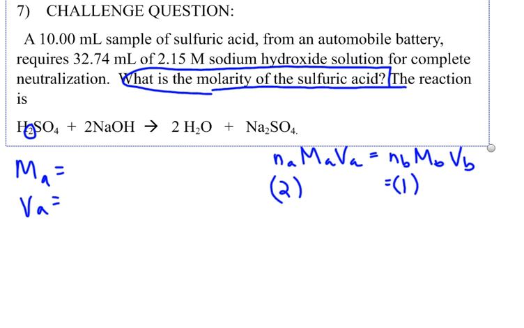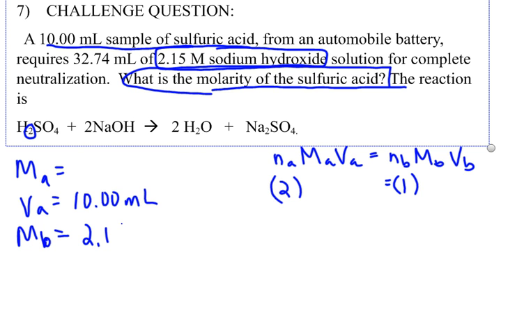The volume of the acid is given to us right away, a 10.00 milliliter sample of a sulfuric acid. The molarity of the base is given to us right here, 2.15 molar solution. And the volume of the base is given to us right here, 32.74.